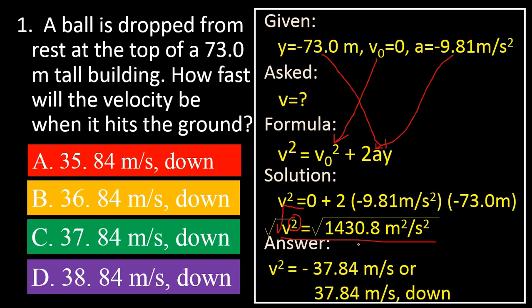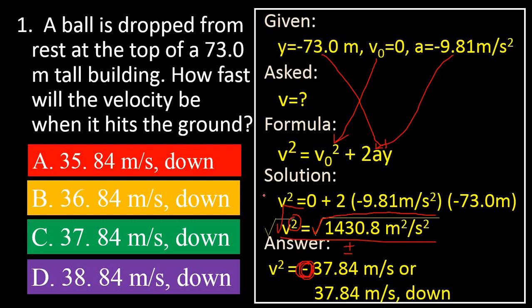But the question is, sir, why is it negative? Okay, why is it negative? First, once the number is being square rooted, the answer that you can provide is either positive or negative. So you have now the two options, whether you're going to use the positive or the negative.